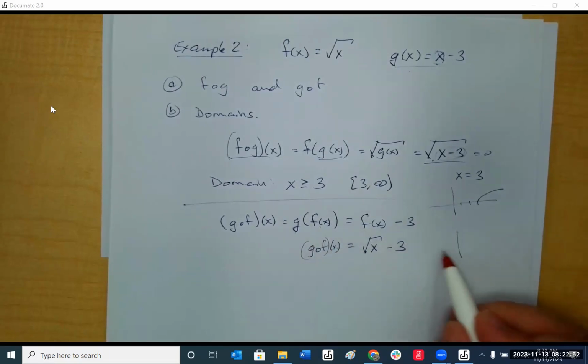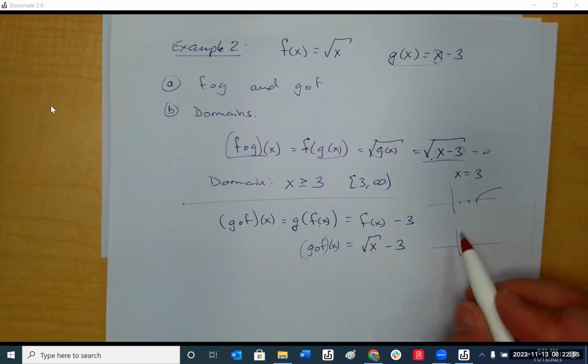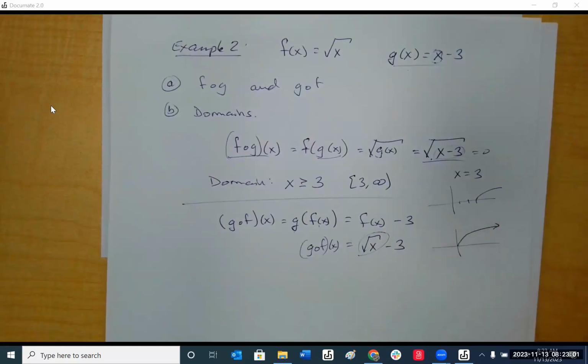All right, so let's draw the graph like we did in chapter 1 or chapter 2 at transformations. So the main function is the square root of x. The graph looks like that. There's no horizontal shift. There's just a vertical shift. It goes down 3. So there's my new origin. My origin shifts from there to there.